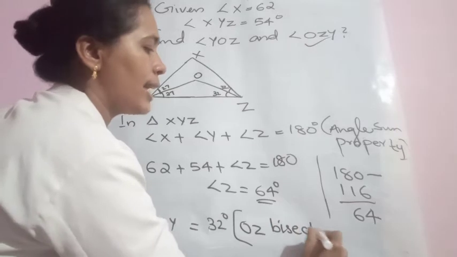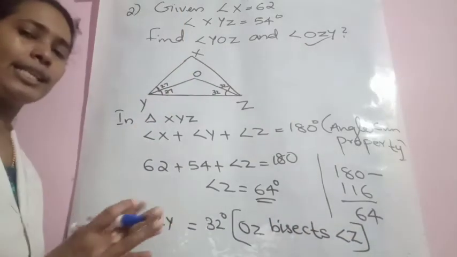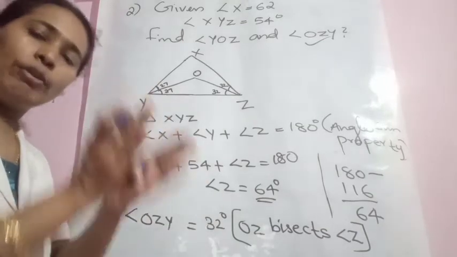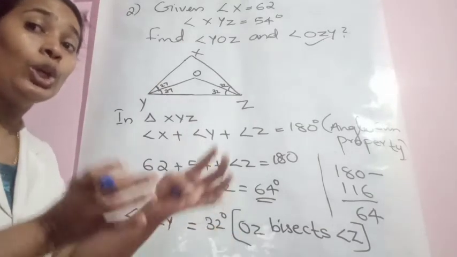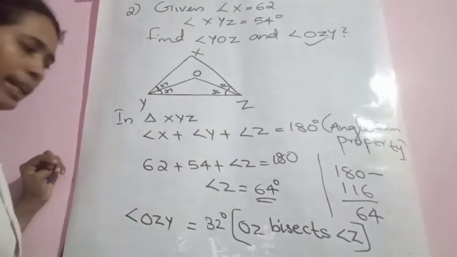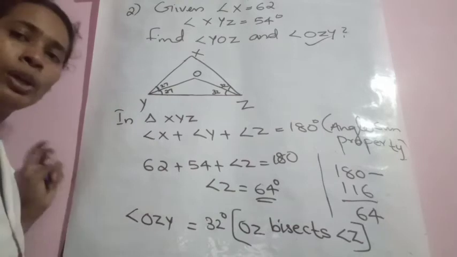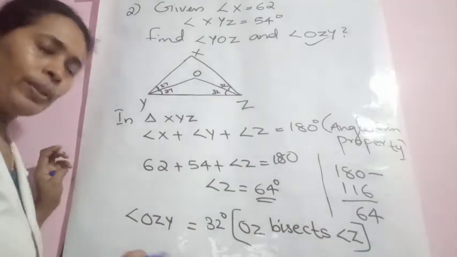OZ bisects angle Z. OZ ray divides angle Z into two equal pieces, 32 degree and 32 degree. That's why the answer to the question, angle OZY, is equal to 32 degree. Finished.